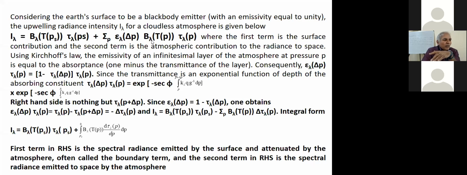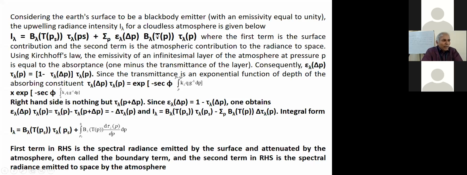And so this is the blackbody radiance corresponding to that temperature at that level of the atmosphere for that particular wavelength lambda. So you multiply this blackbody radiance with the emissivity; you divide the atmosphere into different layers of delta P difference in pressure.